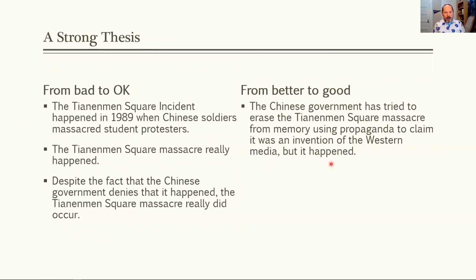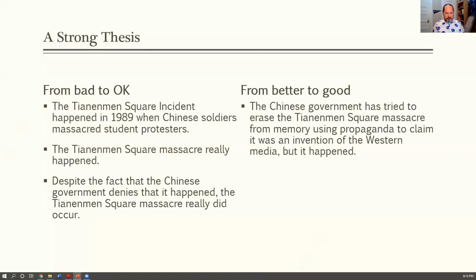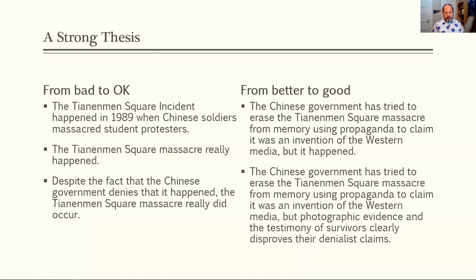Why? Because here, where you say it happened, it really did occur, none of this is indicating what your main points are to prove that it happened, to refute the Chinese government saying it was Western media that made it up. So here's a strong thesis. "The Chinese government has tried to erase the Tiananmen Square massacre from memory using propaganda to claim it was an invention of the Western media, but photographic evidence and the testimony of survivors clearly disprove their denialist claims."